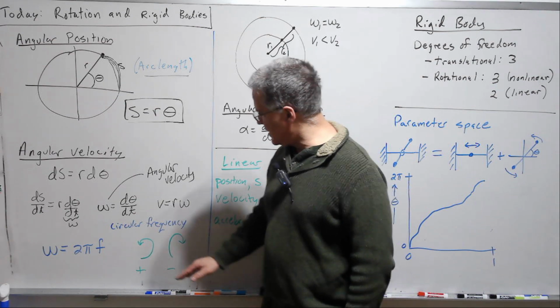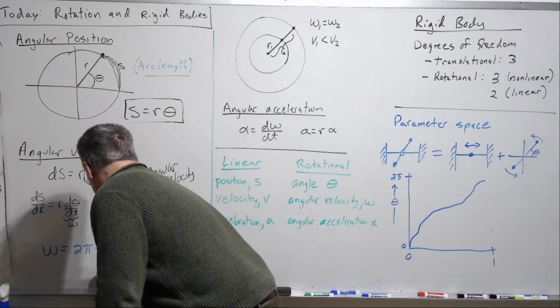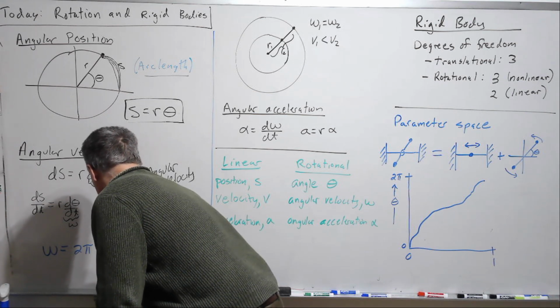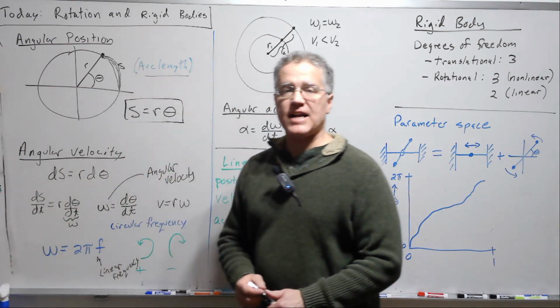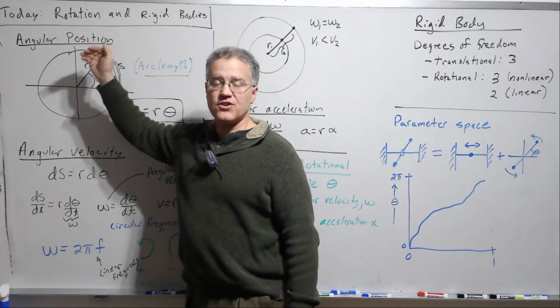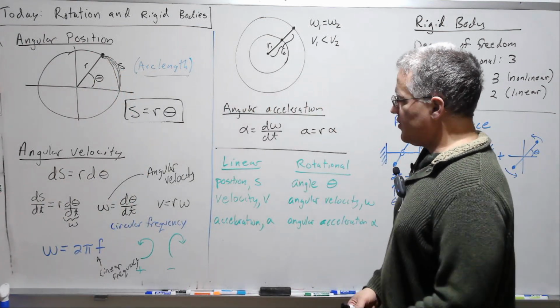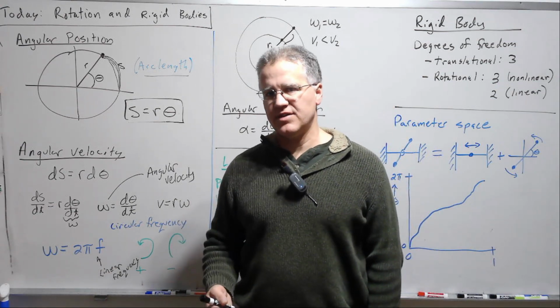This is related to the so-called linear frequency, just our regular frequency that we've seen before, by a factor of 2 pi. The 2 pi is related to the fact that this is on a circle, so we'll see 2 pi's coming in everywhere. You'll see omegas as frequencies, you'll see f's as frequencies.